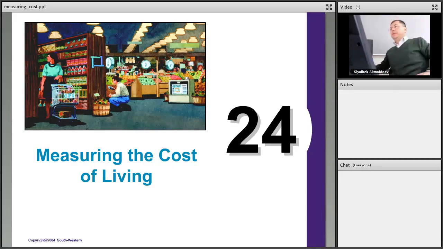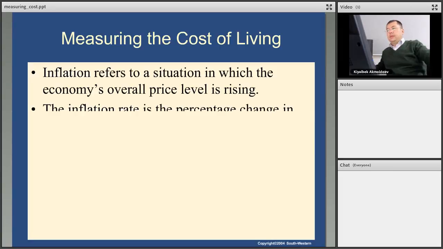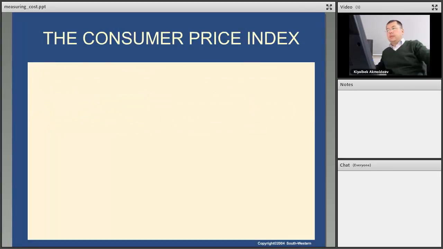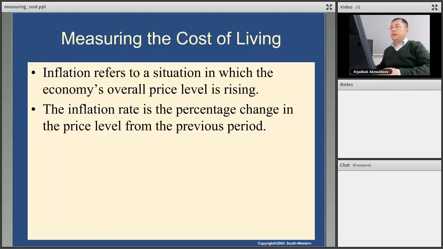What is it? Let's go. In this case, we are going to study how much the cost of living is, or in here, how to measure the cost of living.